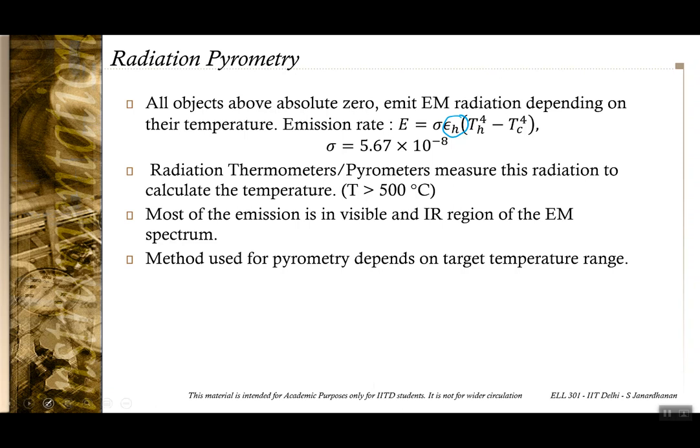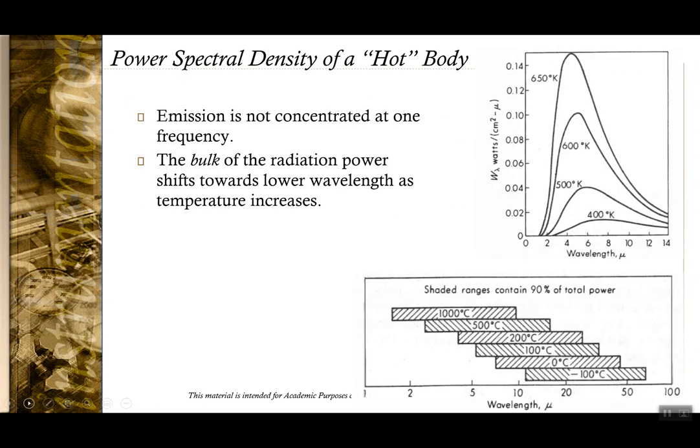Now, I have been saying that about the emission spectrum of a hot body. So this is usually a typical power spectral density of a hot body. The radiation is, first of all, not concentrated at any particular frequency, and it is spread over a frequency range or a wavelength range, and it peaks at a particular wavelength, which is a function of the temperature.